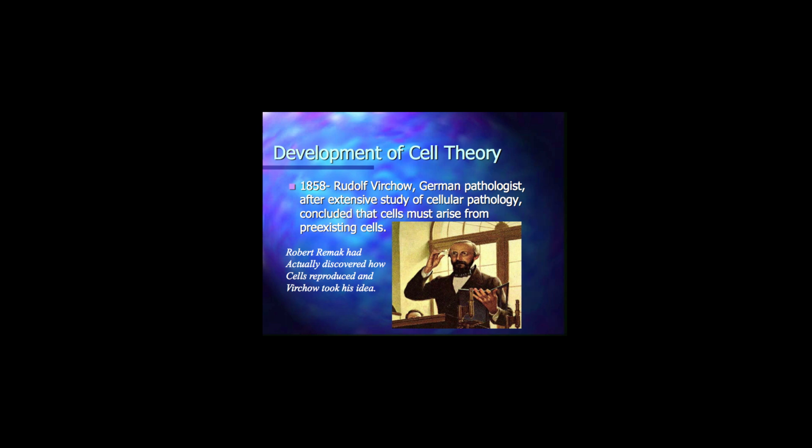And so Remak was the one who actually discovered that part, but he had not published it yet. And Virchow immediately jumped on it and said, that's what is happening. These typhoid bacteria are reproducing in this person's body. So then if a person touches another person, they get contaminated.